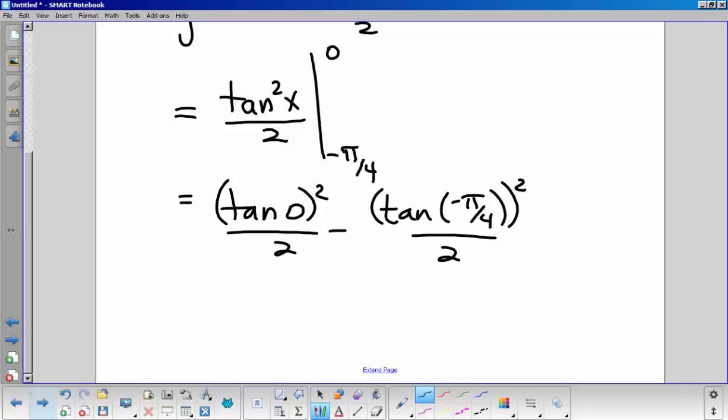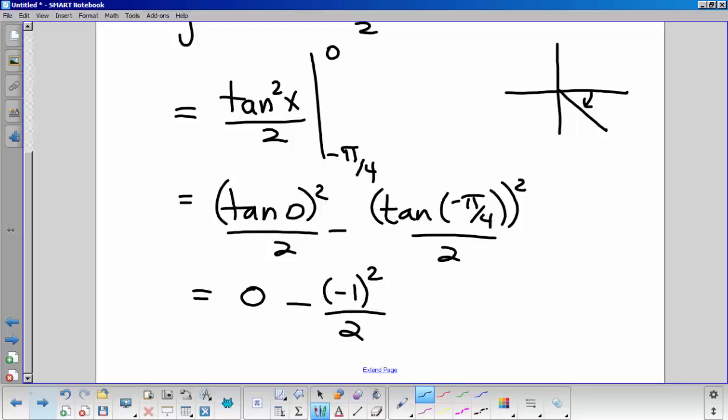So the tangent of 0 is 0. So this is 0 minus tangent of negative pi over 4. So that's, this is down here, right? Negative pi over 4? Negative 1. Right? Right. Negative 1 squared is 1 over 2. So this is negative 1/2.